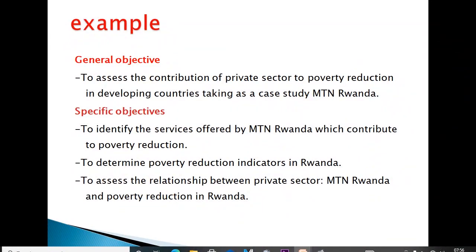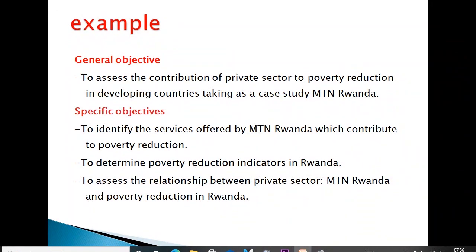For example, in our topic, the contribution of private sector to poverty reduction in developing countries, case study MTN Rwanda, the general objective can be to assess the contribution of private sector to poverty reduction in developing countries, taken as a case study MTN Rwanda. The specific objectives can be broken down from this general objective.